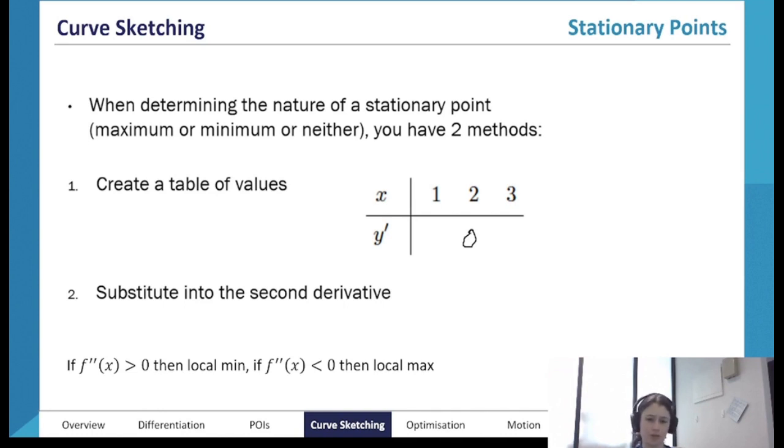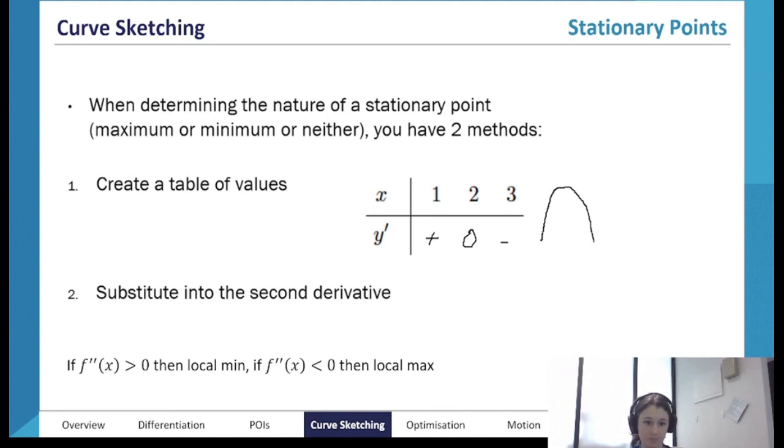So if in our example here, the first derivative is positive on this side and negative on this side, this tells us that our curve is going to look like this, because it's going to be increasing, then it's going to have our stationary point, and then it's going to be decreasing. So it tells us that our curve has a local maximum point.